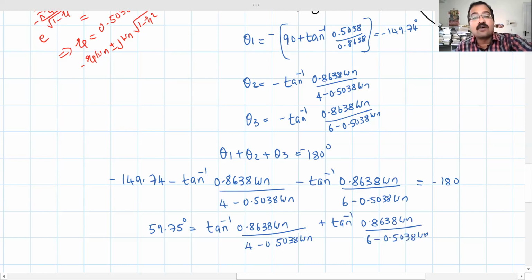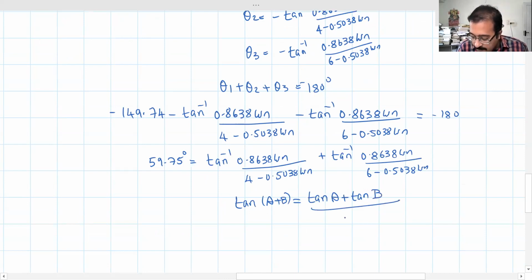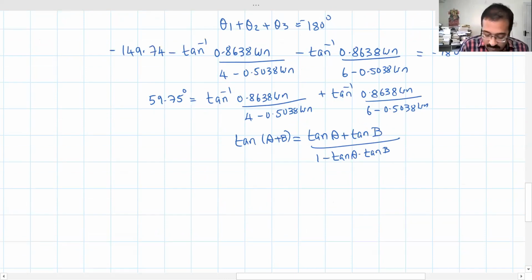Okay, how can we solve this? Tan A plus B. What is tan of A plus B? Tan of A plus B is tan A plus tan B divided by 1 minus tan A tan B. Okay, so you can apply that. So taking tangent of 59.75, what will you get? It will be 1.7147 equal to, so you're taking tan inverse, this thing becomes this part only.